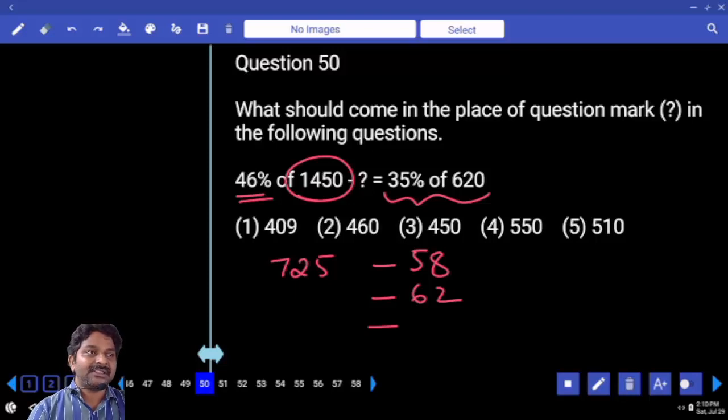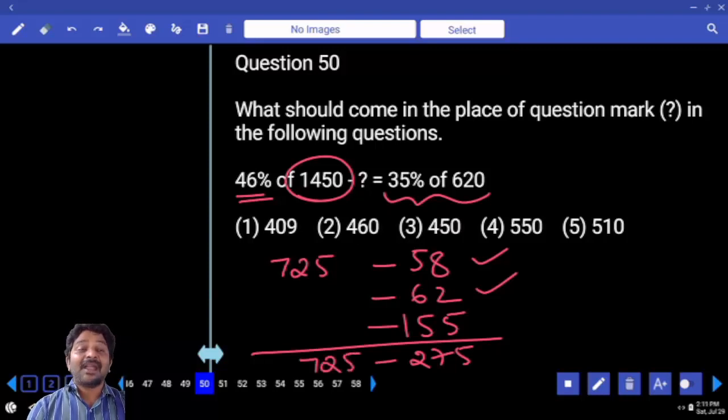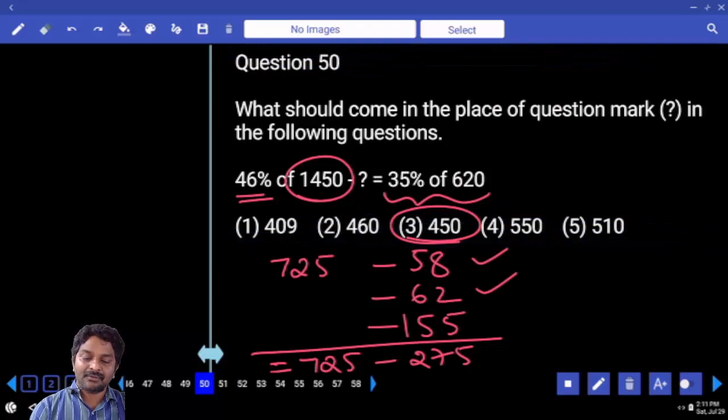Half is 310. Again half, 155. Got it? 62 plus 58, 120 plus 155, 275 subtracted from 725. You subtract 300 and add 25 later. Subtract 300, 425. Add 25 later, 450.